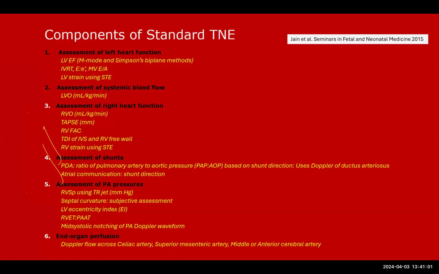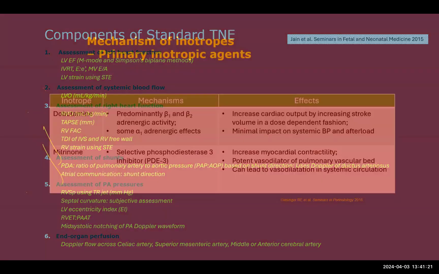We need to give some medication as inotropic support for the ventricular dysfunction. Or it may also give us some hints about how bad the pulmonary pressure is, how we are going to support the right ventricle, or whether we need to start some pulmonary vasodilators, which will be an important aspect in the treatment of neonatal septic shock.